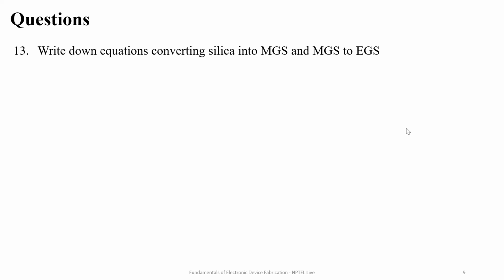So, have you started finding out what happens while converting silica to MGS and MGS to EGS? The first is the submerged arc electrode process, the second is the Siemens process. So you have to write the equations for both these processes.